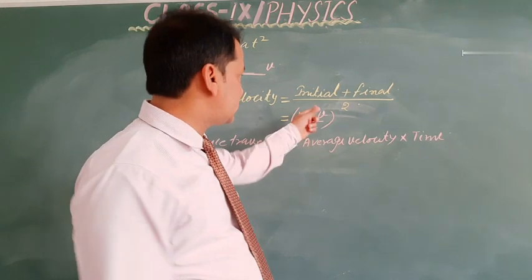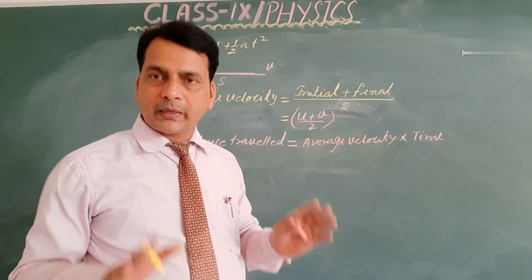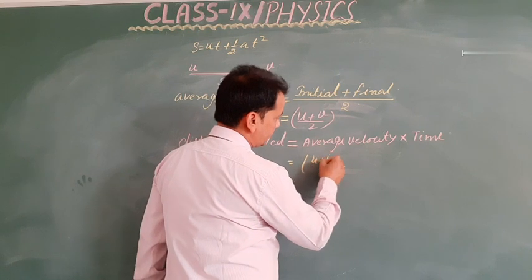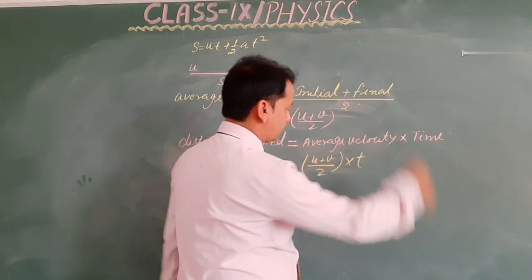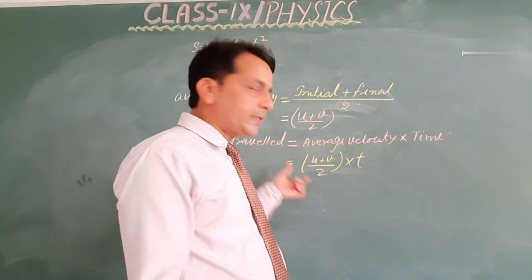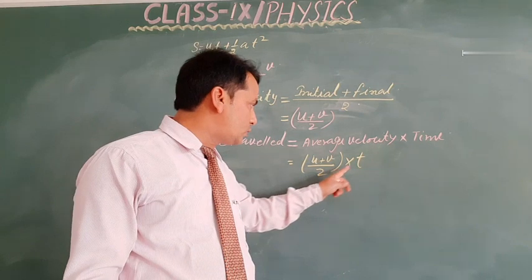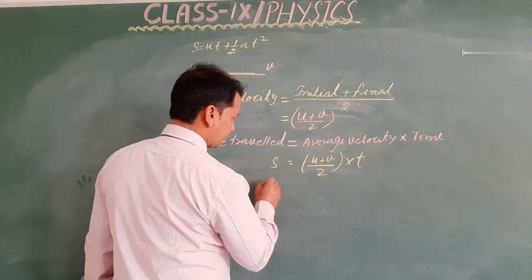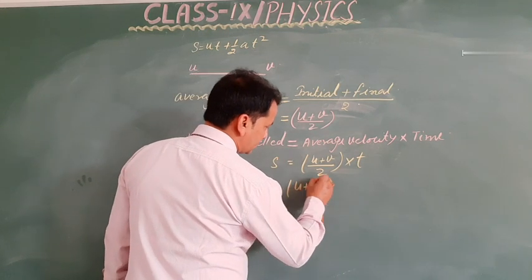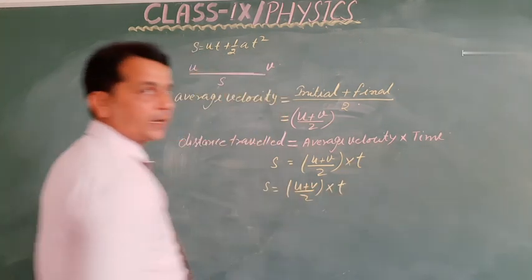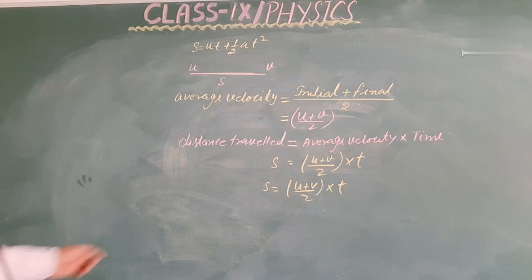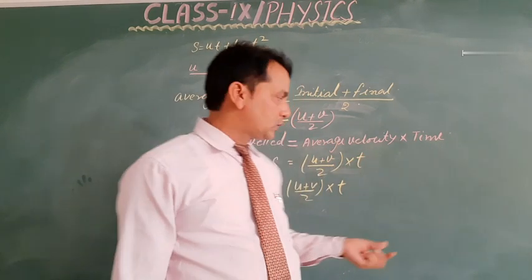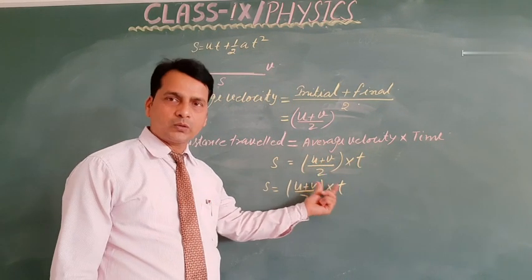The average velocity is u plus v by 2, so the distance traveled by the moving object is u plus v by 2 into time taken, that is average velocity into time taken.